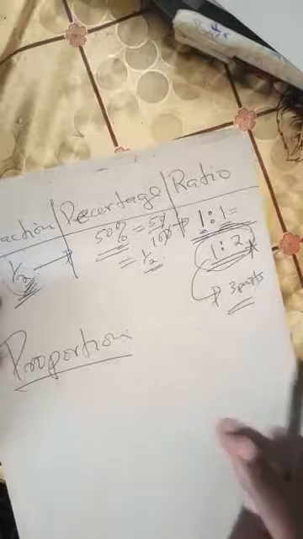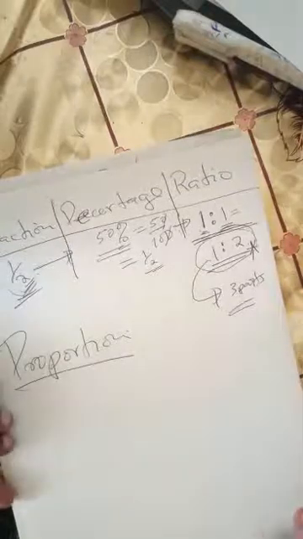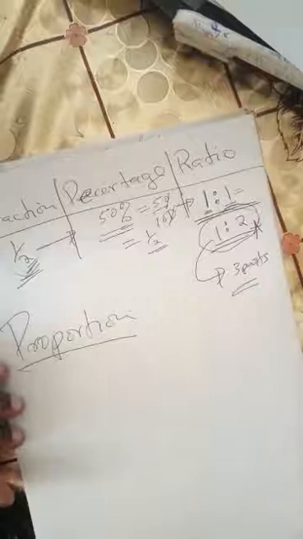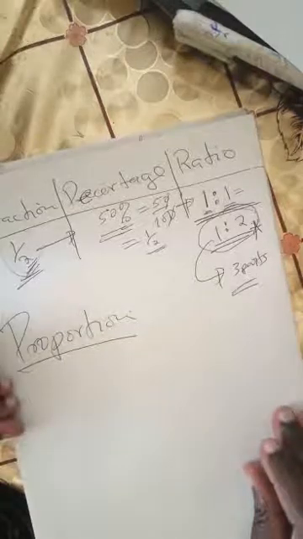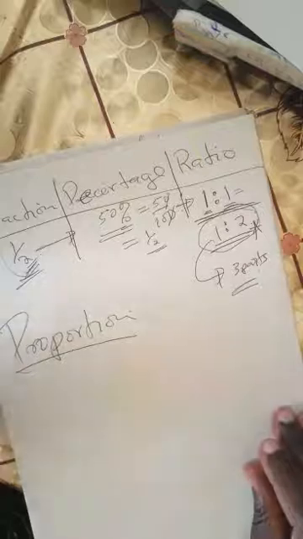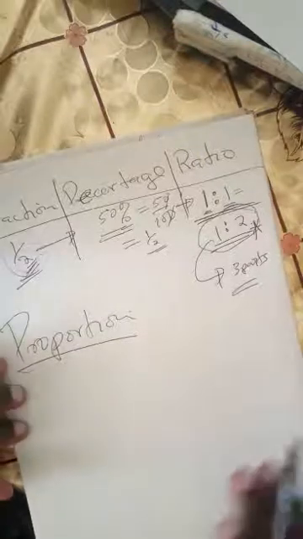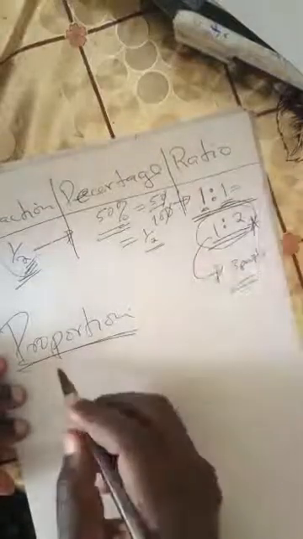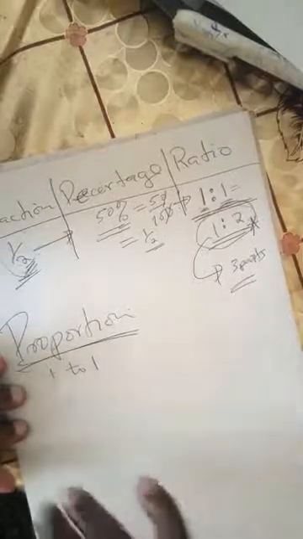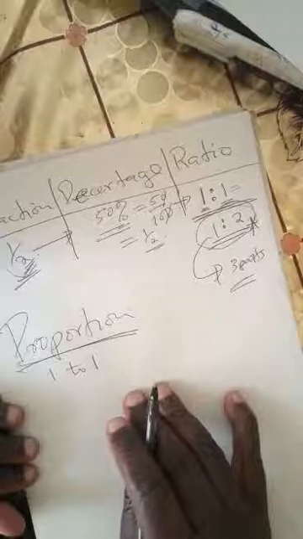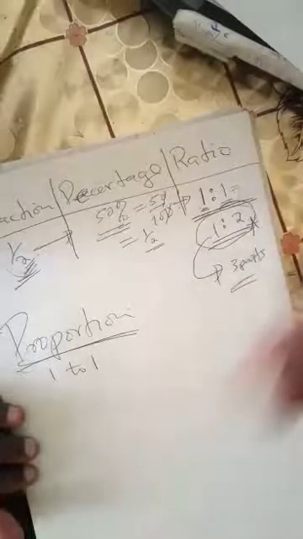And then proportion comes in, especially when you are talking of the division that keeps on varying. For example, as a proportion, when you write 1 to 1, you've portioned out.